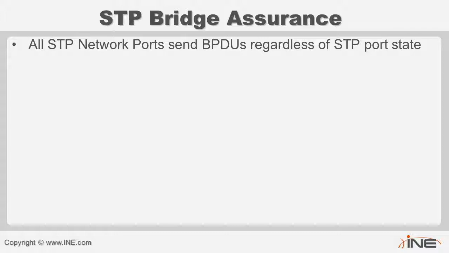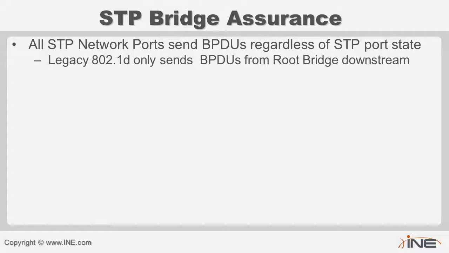So whether they're designated, root, or backup ports, they're still going to be sending BPDUs, which is different from the original legacy spanning tree, where only the designated ports on the root bridge generated BPDUs. Those BPDUs would flow downstream from the root bridge, from designated ports down to the downstream neighbor's root port, down to the designated port, and so on as it's exchanged throughout the entire tree.